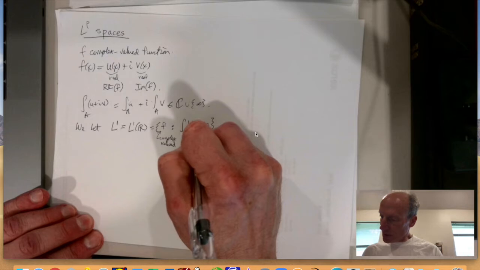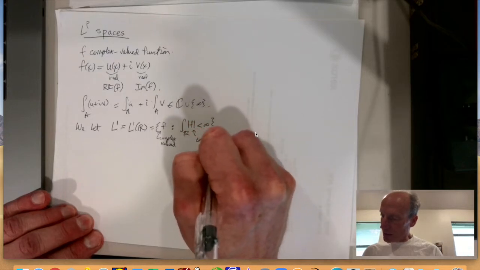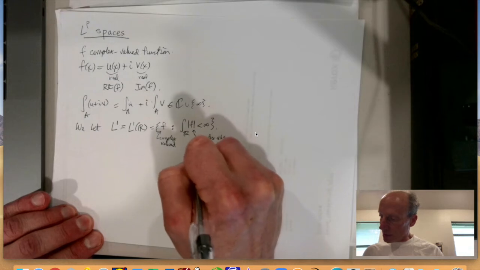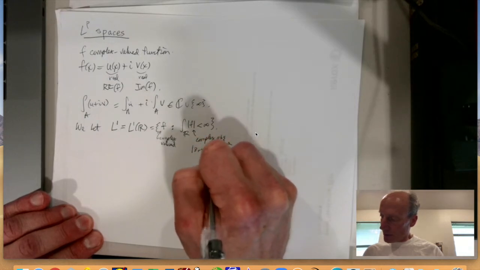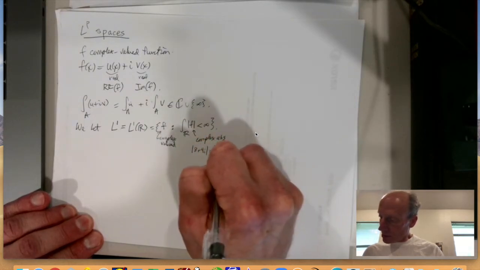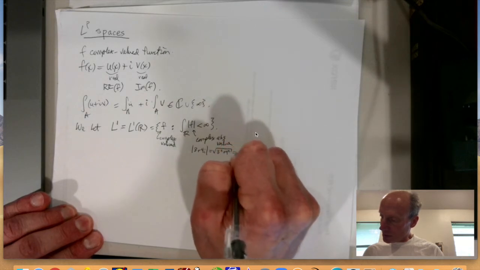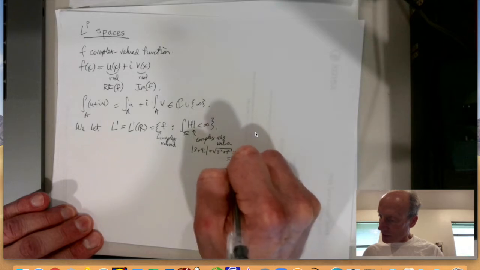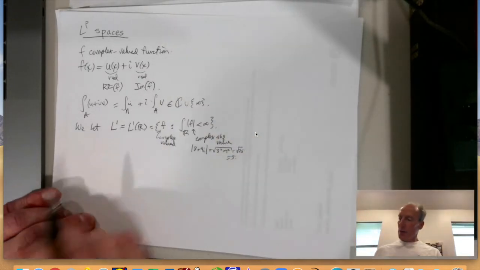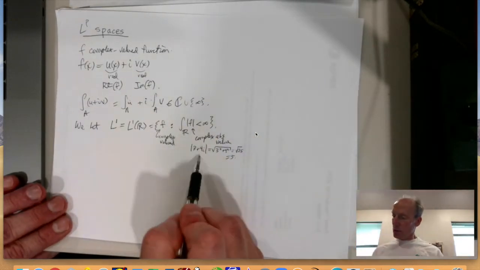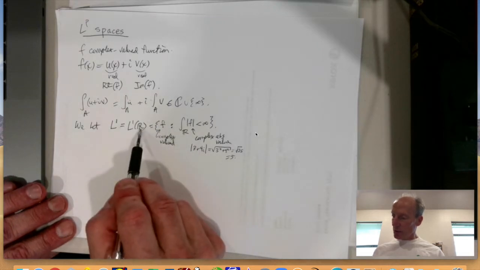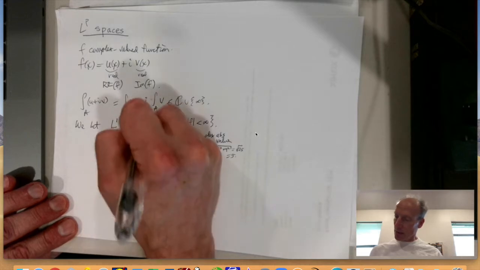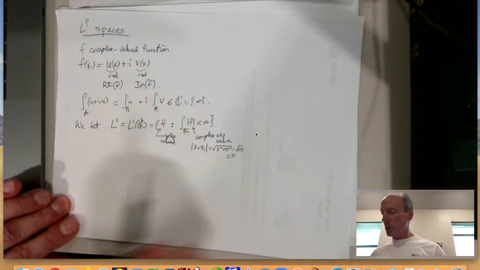And this means the complex absolute value. So, in other words, the absolute value of 3 plus 4i is the square root of 3 squared plus 4 squared, which is the square root of 25, which is 5, for example. You can do that at each point x in R. We could also do Rn, same thing. Again, it's only the output that's complex valued.